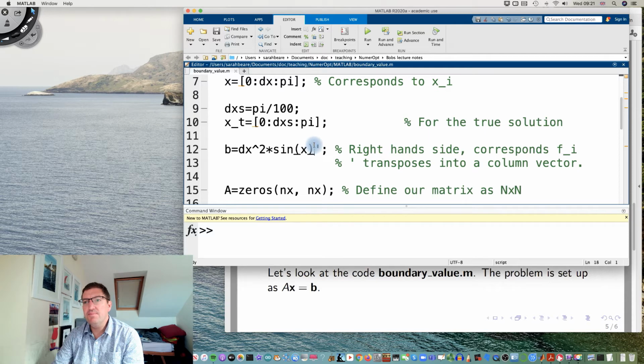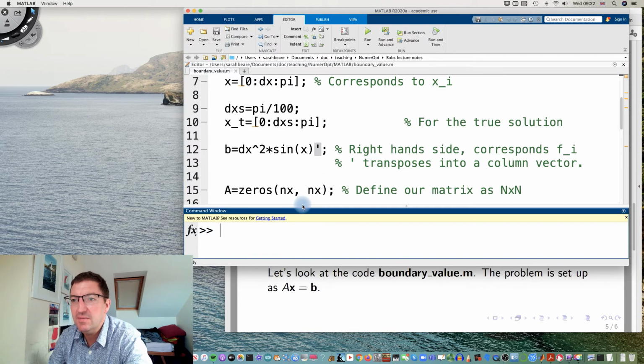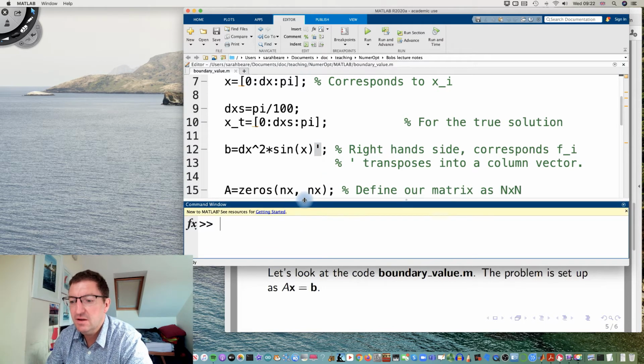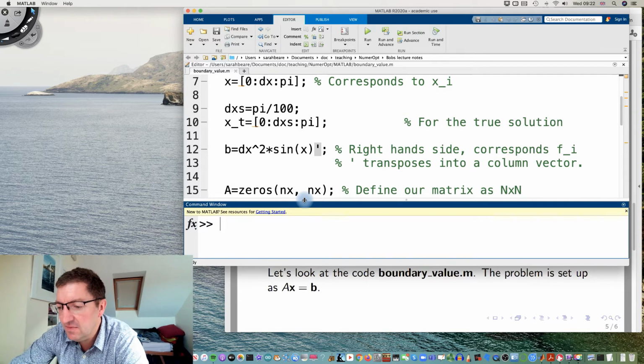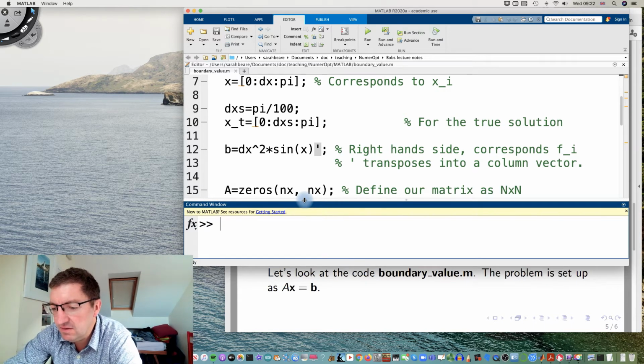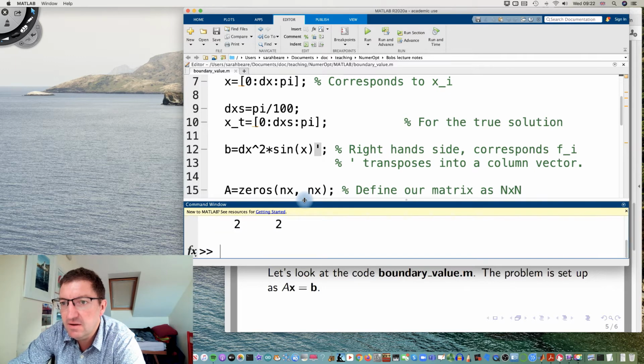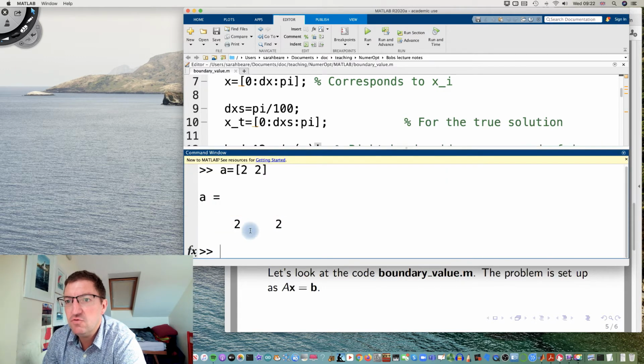Now, to set this up, we've got to be careful whether we're dealing with a row vector or a column vector. So let me just show you in MATLAB. If I have a vector, like, just call it A equals 2, if I just put in an array like that, it normally comes across, you see the numbers are written as a row vector.